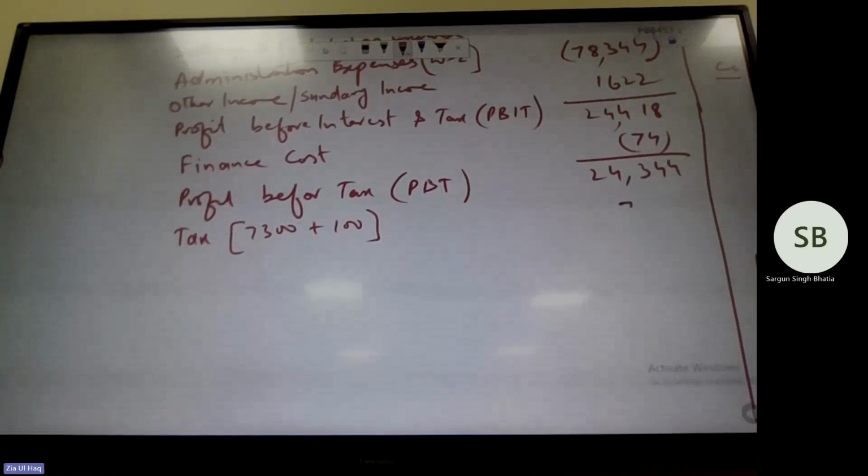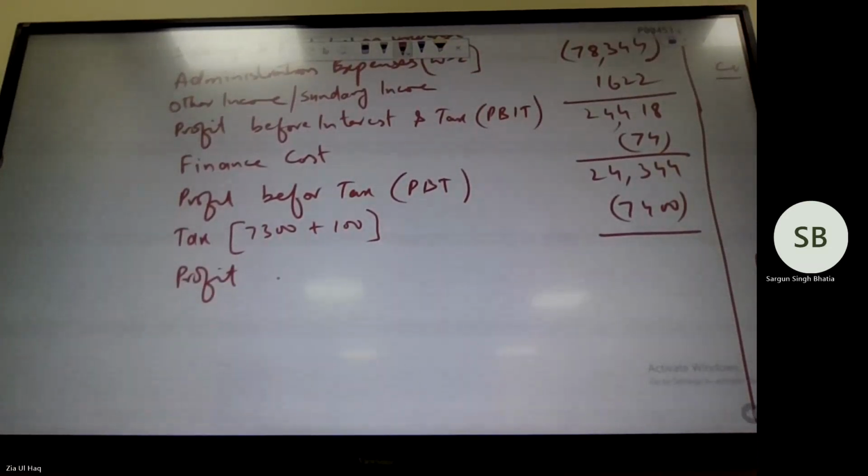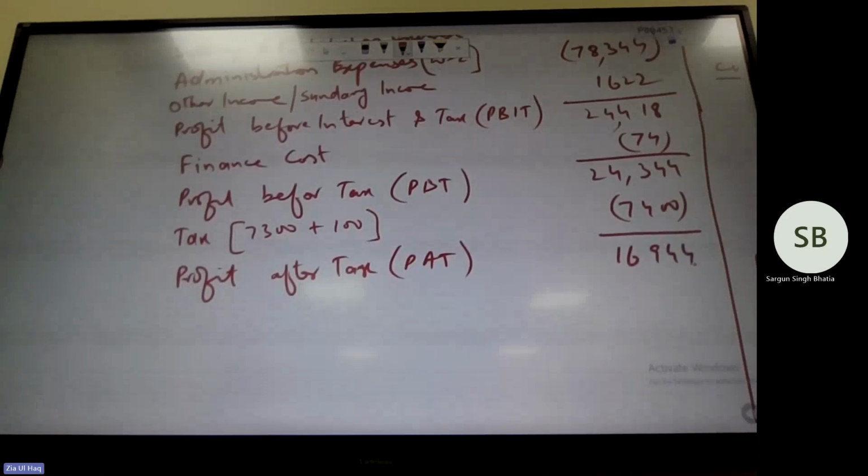So tax expense will be 7,400. And we will arrive at profit after tax, also called PAT, profit for the year. What's that figure? 16,944, and this figure will go into retained earnings.